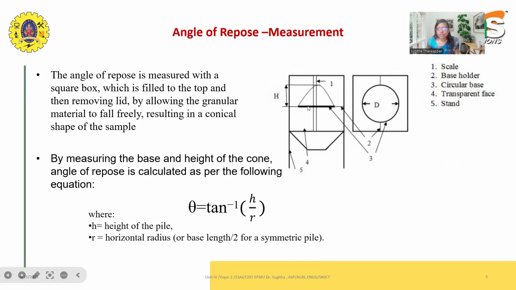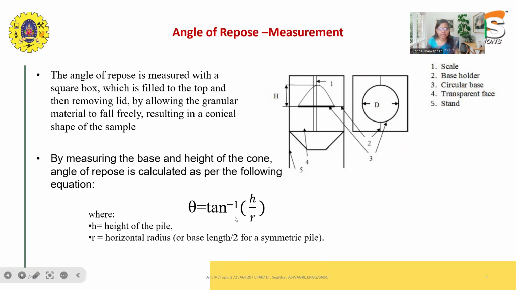In this structure, you can find a scale for measuring. There is a base holder, a circular base, a transparent face, as well as a stand. By measuring the base as well as the height of the cone, you can calculate the angle of repose.